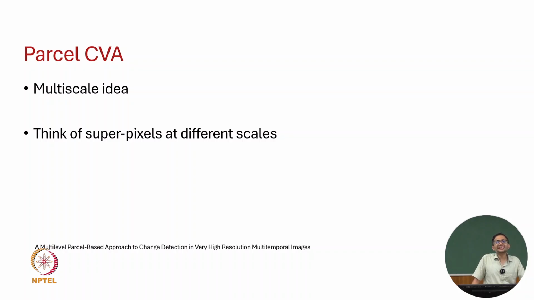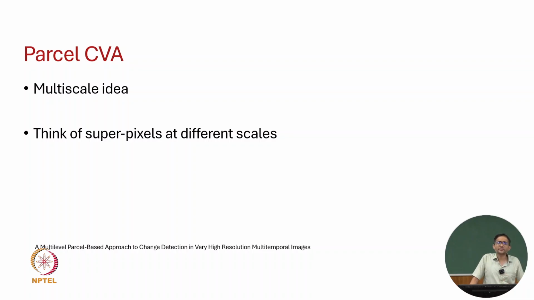These multi-scale units, which can be multi-scale superpixels, capture the properties at different scales. So when representing a particular pixel, you don't just take the property of one superpixel at a single scale, you take the features from different scales. You can concatenate them, then take the difference and compute the magnitude, just like in the change vector analysis.